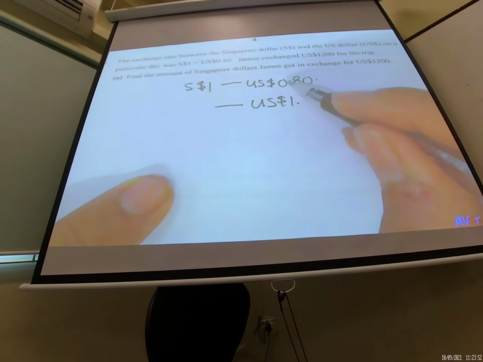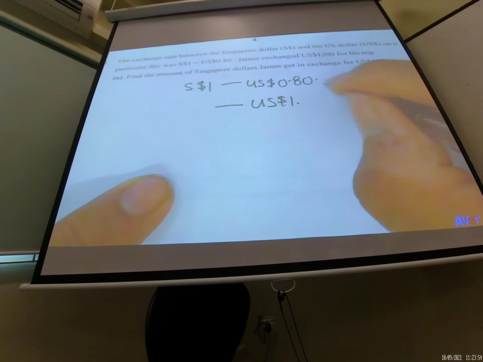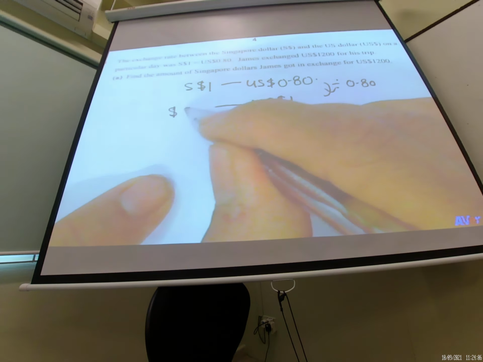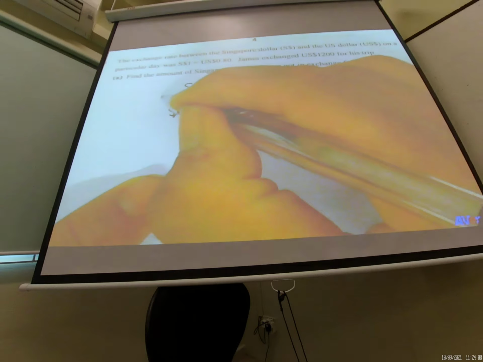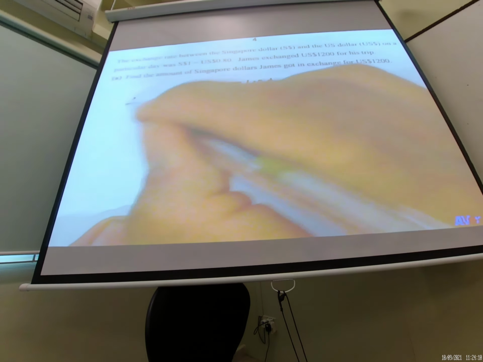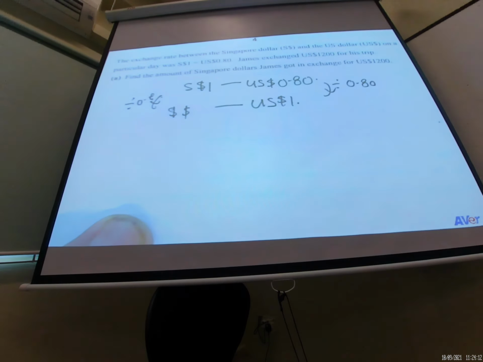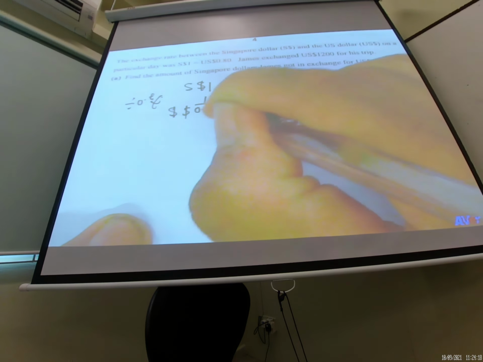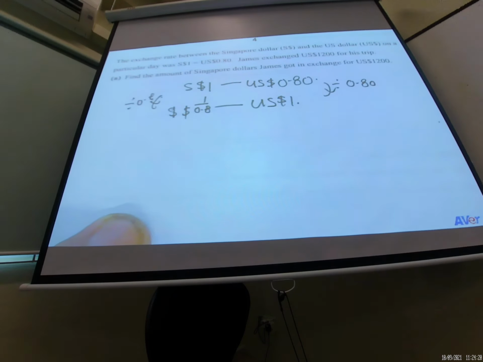From 0.80 to become 1, we need to do 0.80 divided by 0.80. Then it will become 1 US dollar. So to find out the amount of Sing dollar, we need to do the same thing, divide by 0.8.